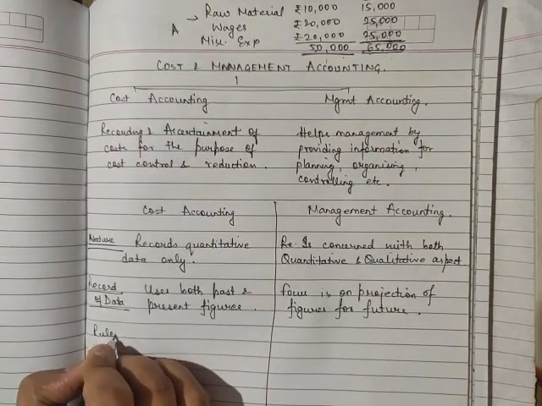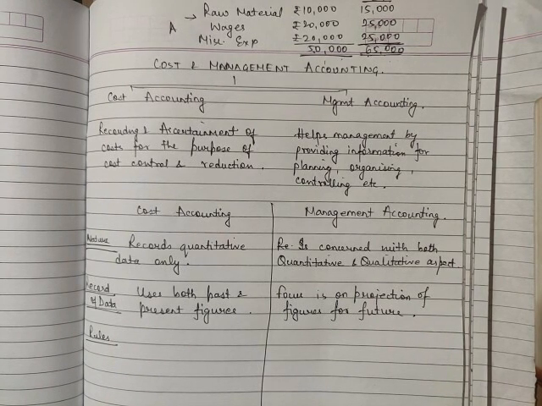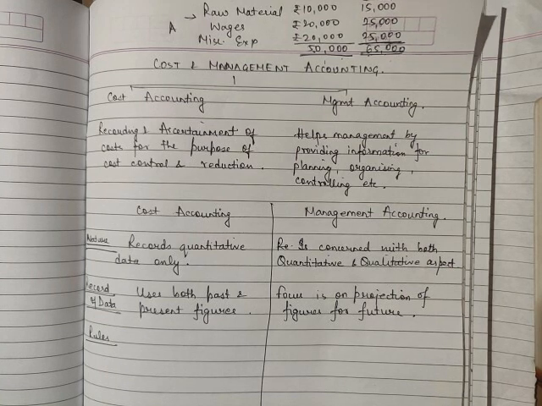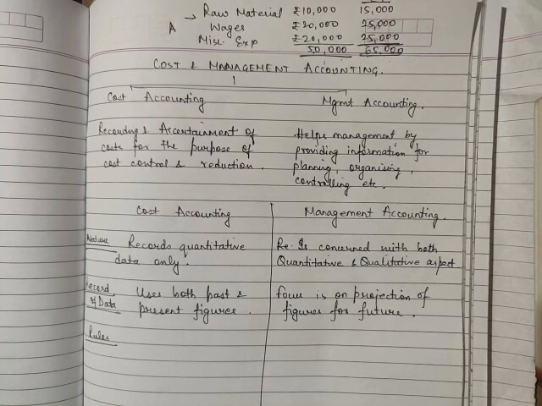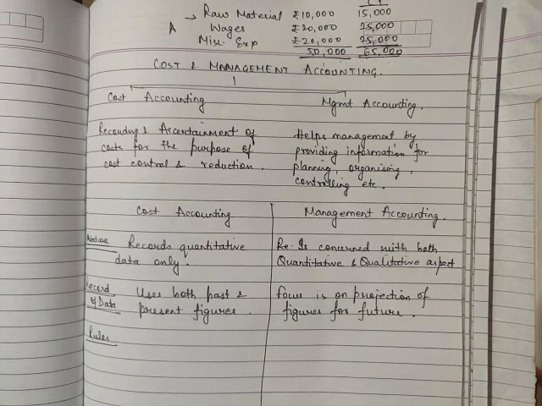Next, rules. There's a whole body of ICWAI which governs cost accounting. So, it has to follow certain principles and procedures for recording costs of different products. As we progress with the chapters, we'll see that there's different treatment of normal idle time and abnormal idle time, say fixed costs, variable costs. So there are certain rules and principles which are followed when we do cost accounting.